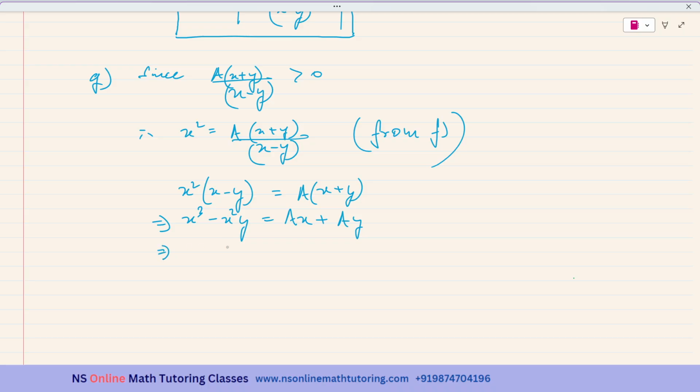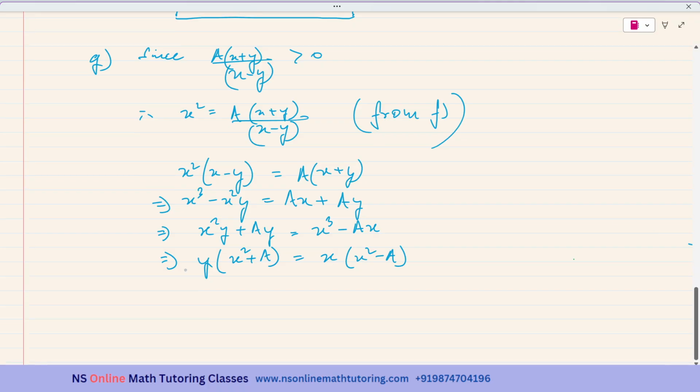And since we need the y to be the subject, we will be bringing all terms containing y to one side and take all the other terms to the other side. So I can write x square y plus ay is equal to x cube minus ax. So y I am taking as a common factor, x square plus a, and from here I am taking x as the common factor, it is x square minus a.